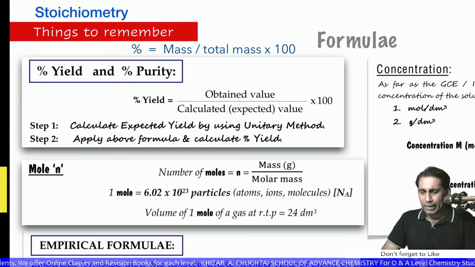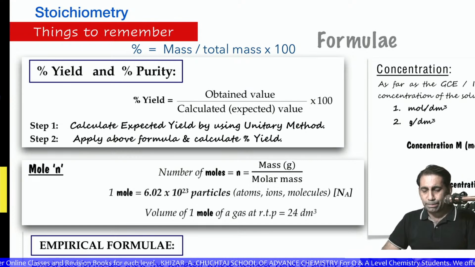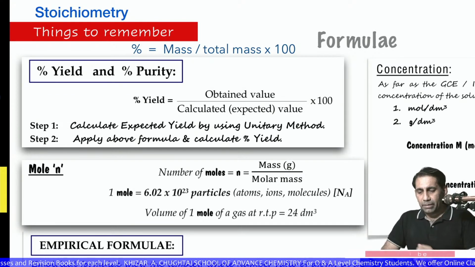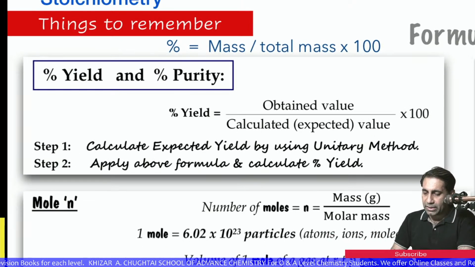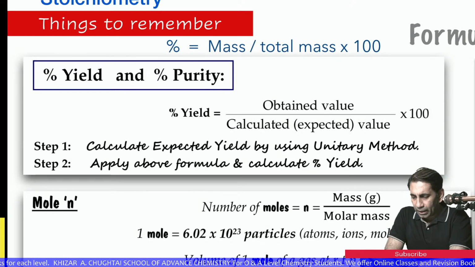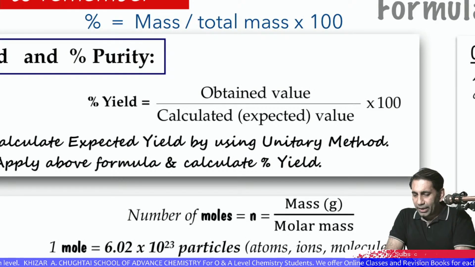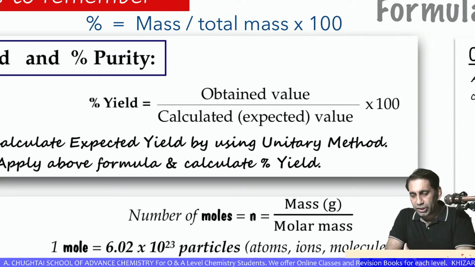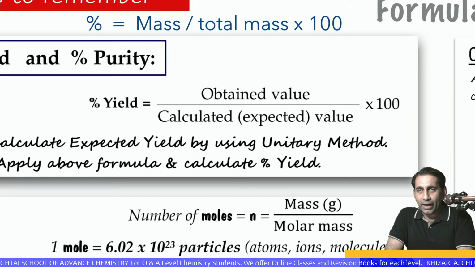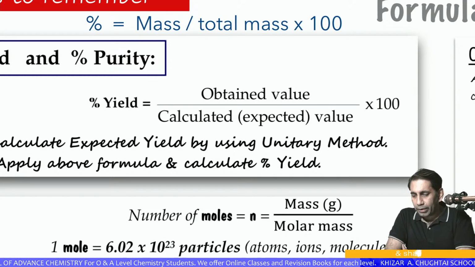The second one is not the normal percentage. It is said to be the specific percentage, or it is percentage yield, and sometimes it is also said to be percentage purity. Here is the formula to calculate the percentage yield. That is, percentage yield is equal to obtained value divided by calculated value into 100.